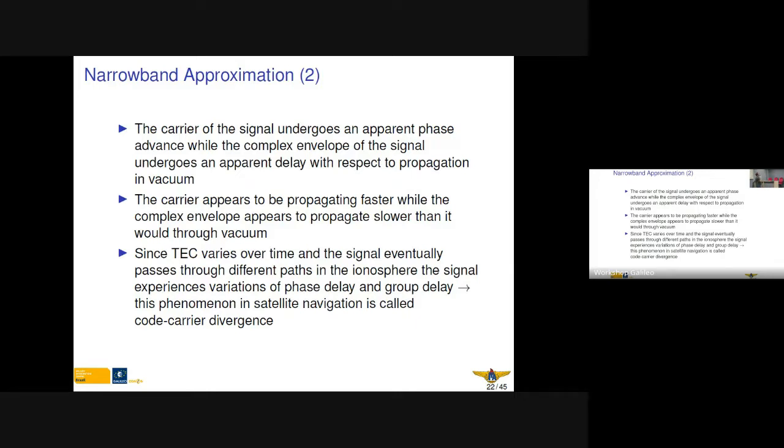The carrier appears to propagate faster, while the complex envelope appears to propagate slower than it would through vacuum. Since TEC varies over time and the signal eventually passes through different paths in the ionosphere, the signal experiences variations of phase delay and group delay. This phenomenon in satellite navigation is called code carrier divergence.